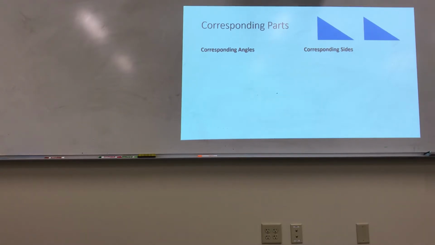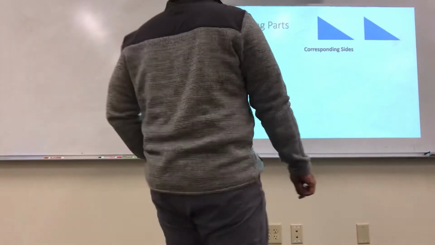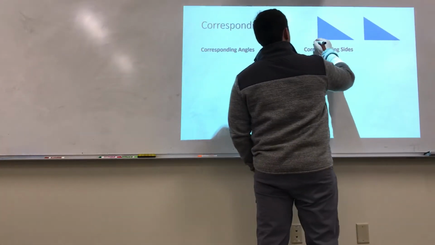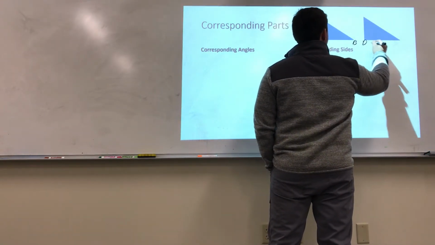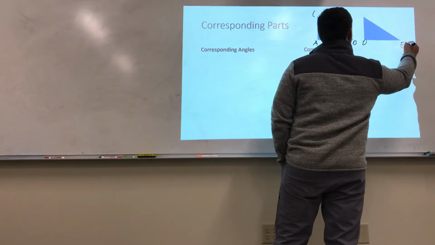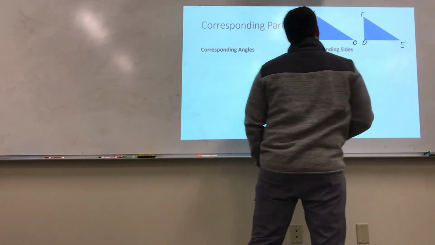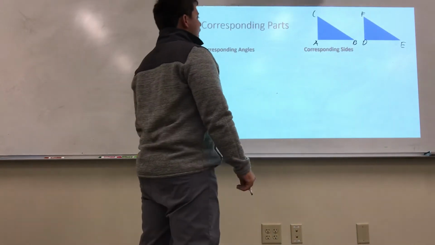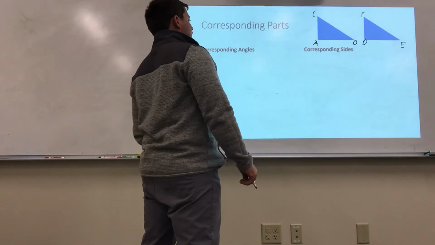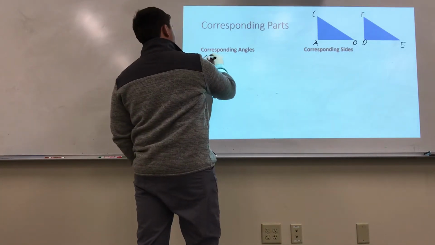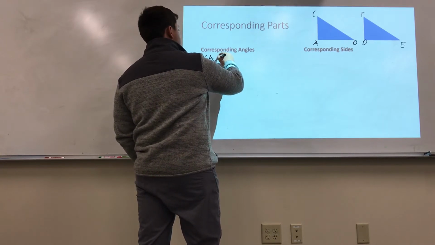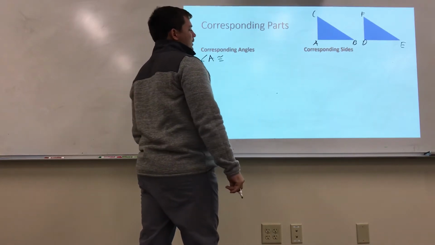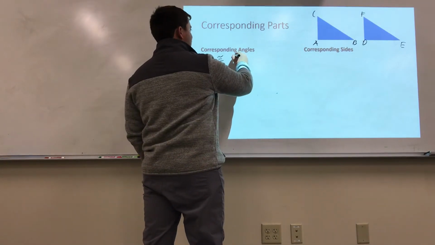So, I'm going to label these triangles A, B, C, D, E, F. And you want to do corresponding angles. Well, angle A is the same as which angle on the other triangle?